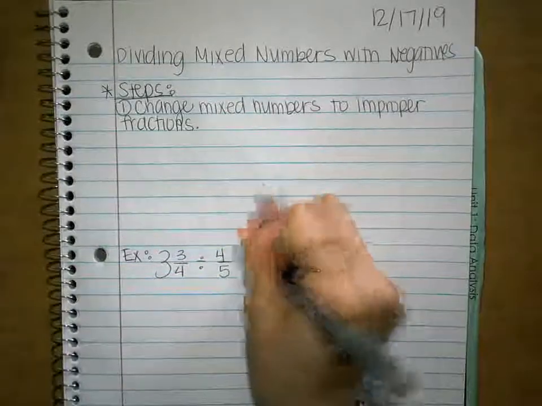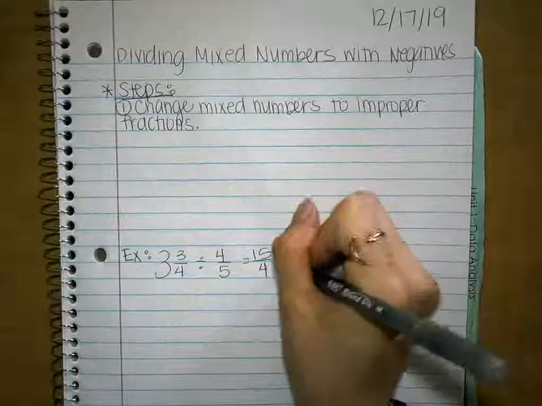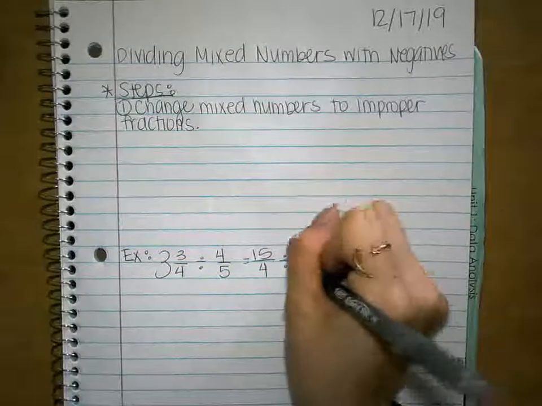So I have 15 over 4, and then I'm going to write divide by 4/5.